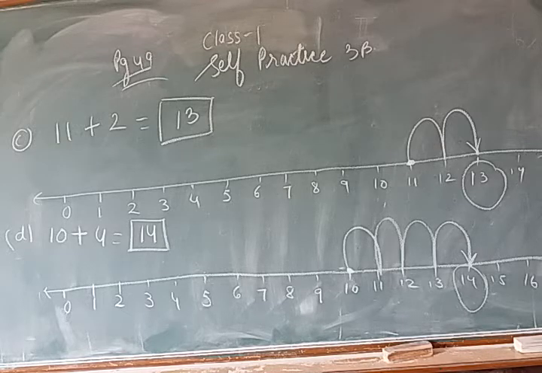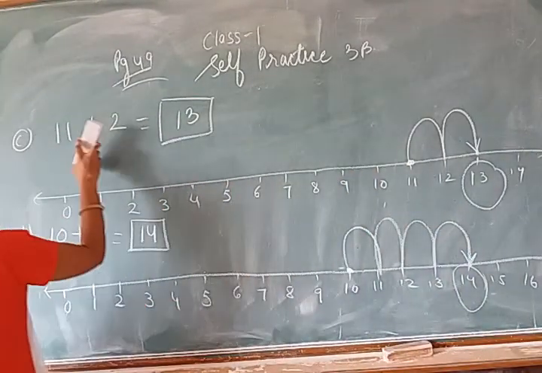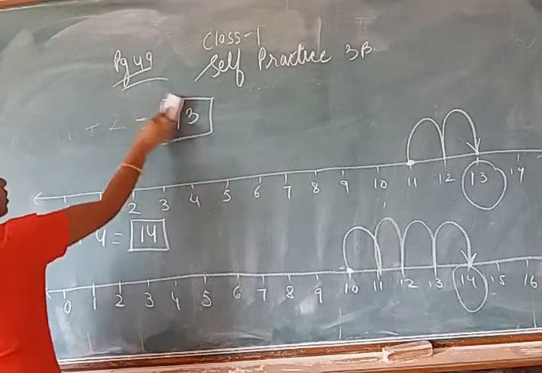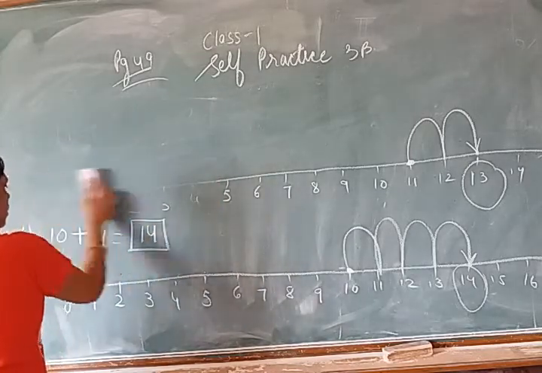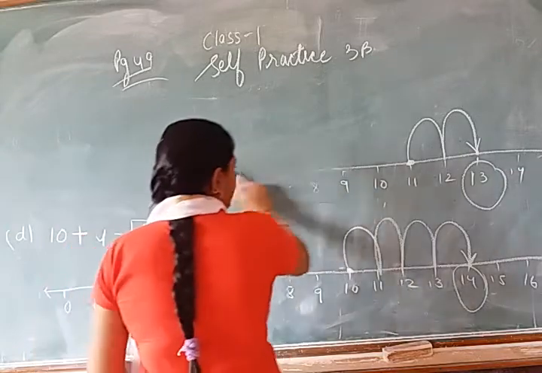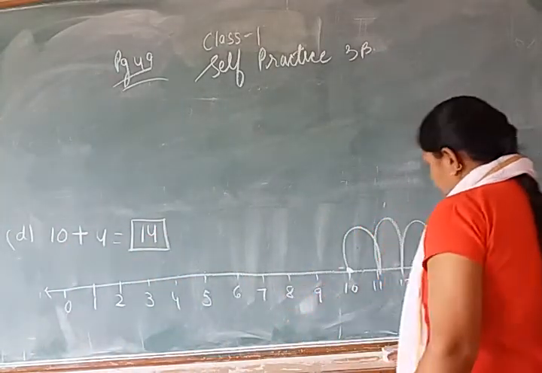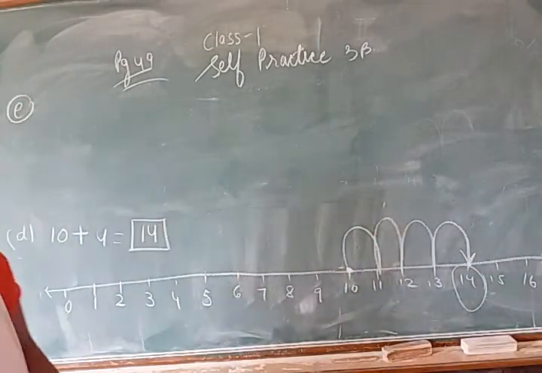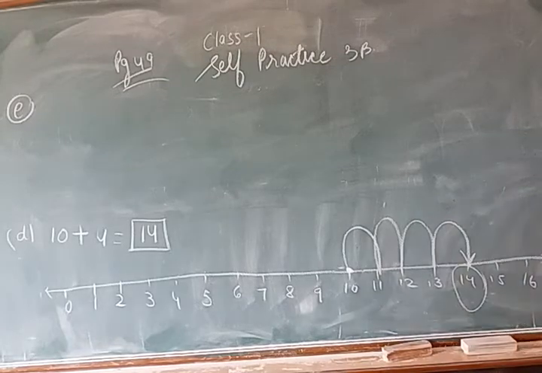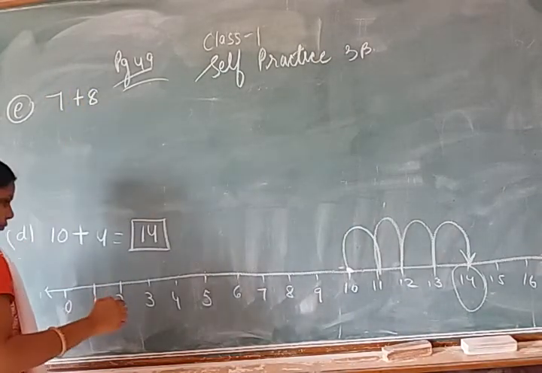Now I am rubbing question C. Writing here E. So at E, the question is 7 plus 8.